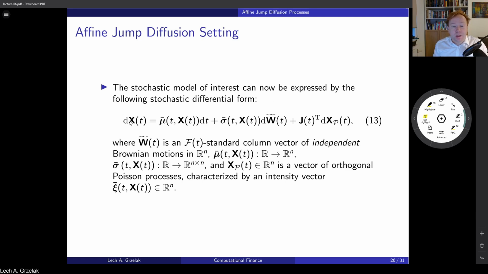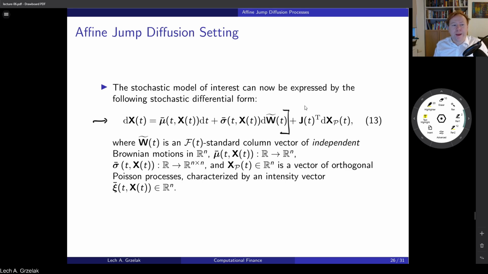As you can see, the system of stochastic differential equations we consider has an additional term, J transpose, since it can also be a vector, and then the multidimensional Poisson process. Before, we considered SDEs of this form. Now, once we also include jumps, we have this additional term.